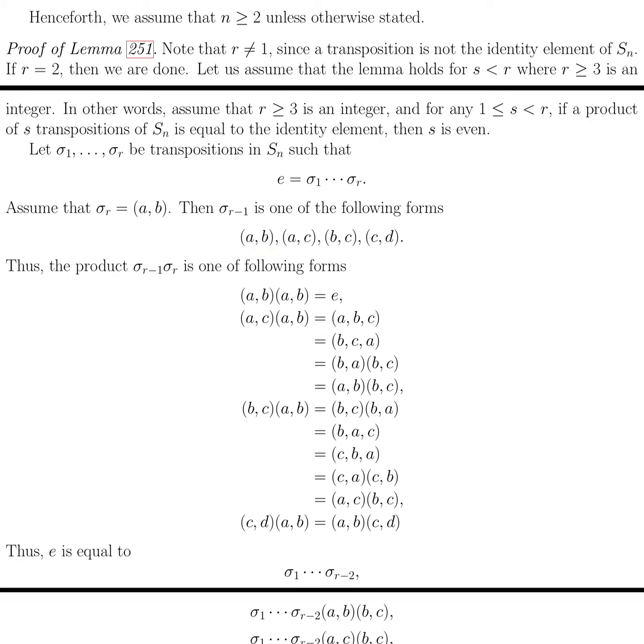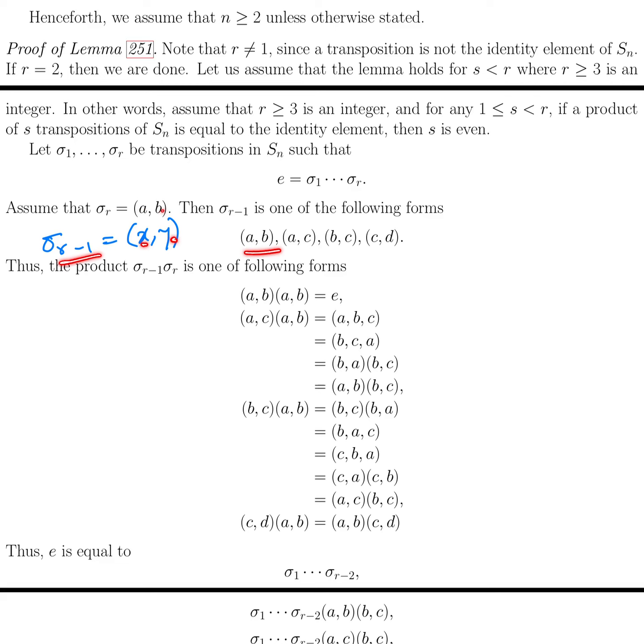We know that sigma R is (a b), and sigma R minus 1 is also a transposition, so it is of the form (x y). Then it may happen that xy is the same as ab, or exactly one of them matches, or all of them are different. If xy is equal to ab, then sigma R minus 1 is (a b).